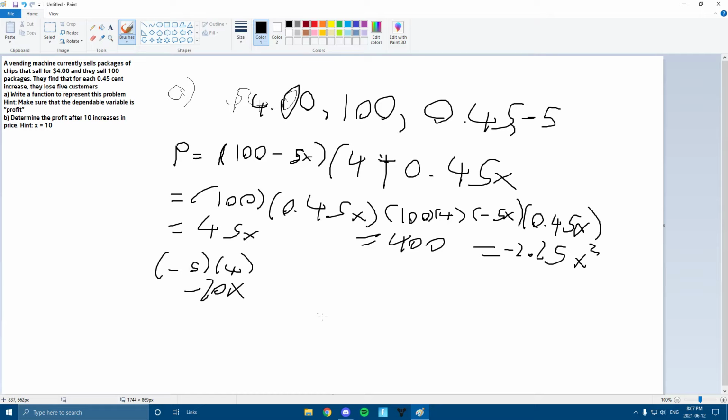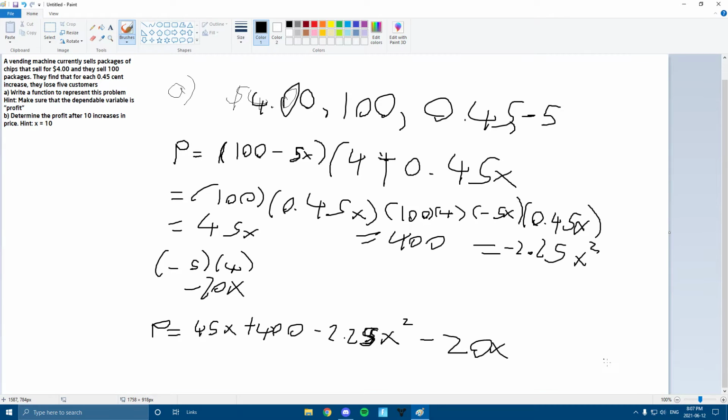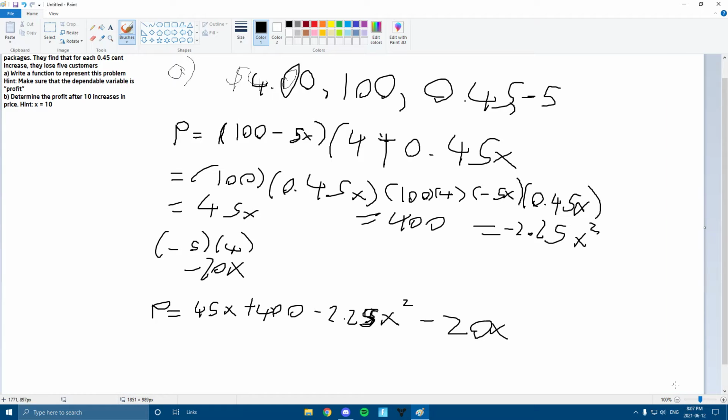So far we have an equation of 45x plus 400 minus 2.25x squared and minus 20x.